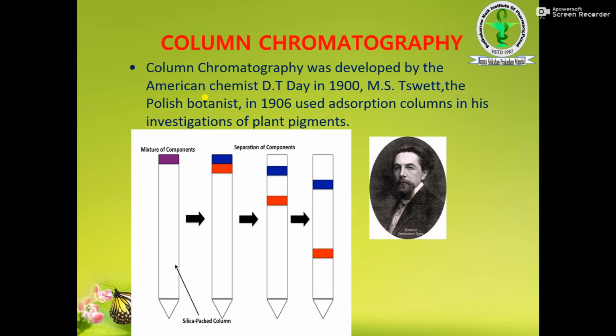Okay, as we already discussed, Tswett in the 19th century used an adsorption column in the investigation of plant pigments. Here is a mixture of drug. If you are able to see, here is a mixture of drug. Then there is a slight change, and two drugs get separated out. Initially, onto the surface of this one, an adsorbent is added.